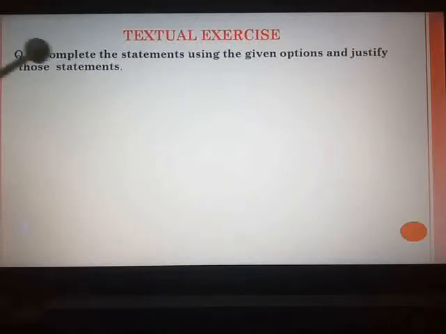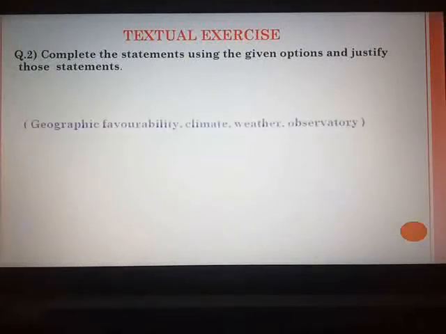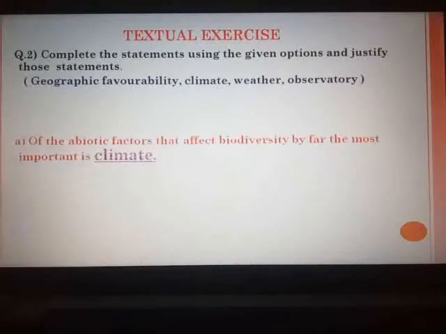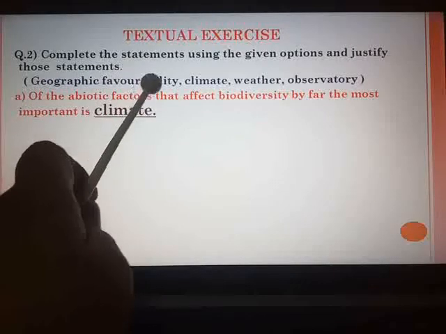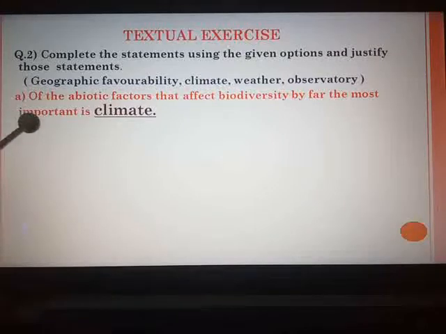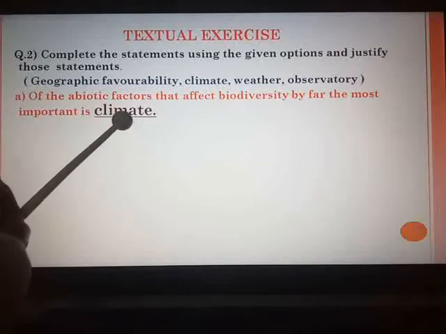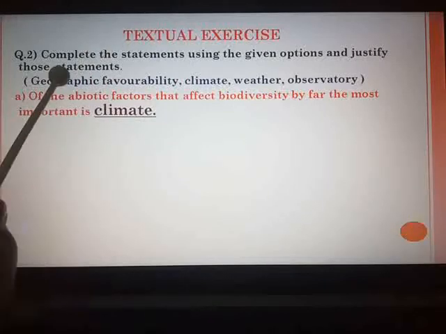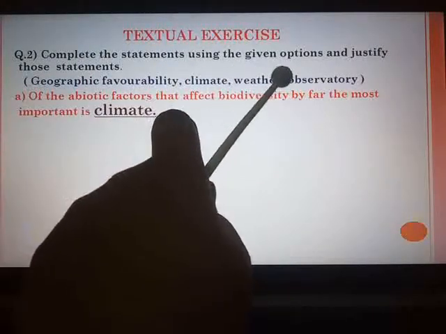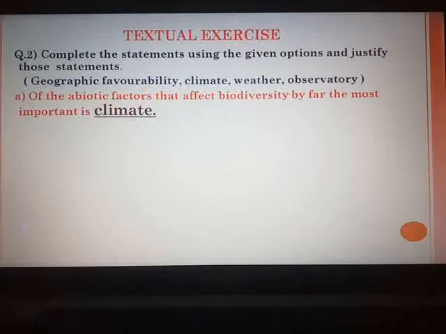Complete the statements using the given options and justify those statements. Options are given to you in the bracket. The first statement is: of the abiotic factors that affect biodiversity, by far the most important is climate. Out of the 4 options, that is geographic favorability, climate, weather, observatory, climate is the correct answer.